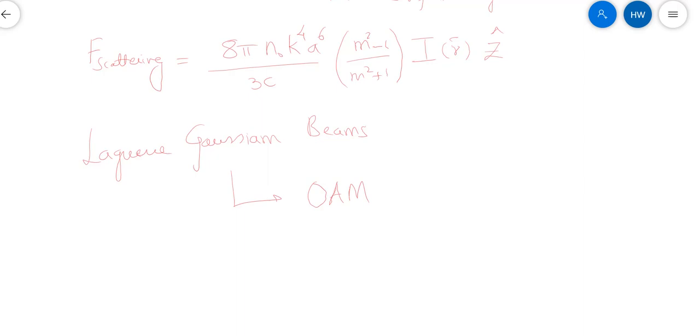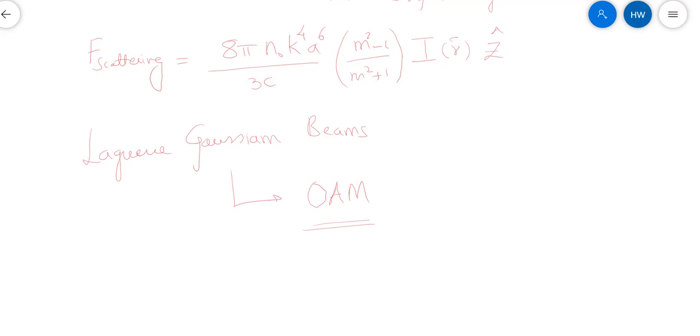I will not get into these beams per se, but because they carry orbital angular momentum, they impart this angular momentum on scattering to the particles from which they are getting scattered, and these particles can themselves rotate. So there are multiple advantages of such a beam.